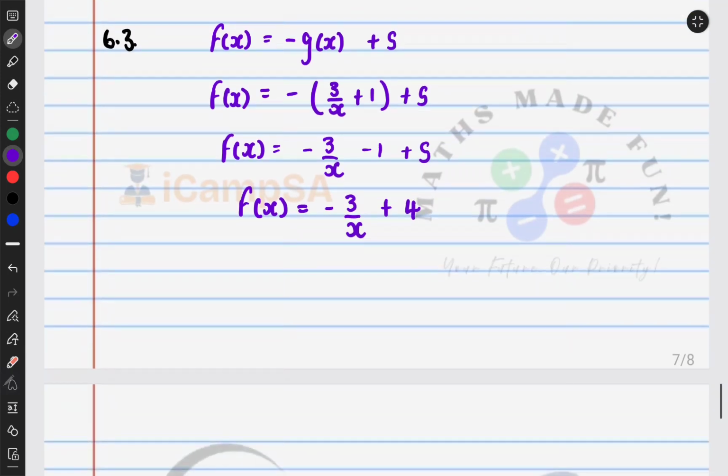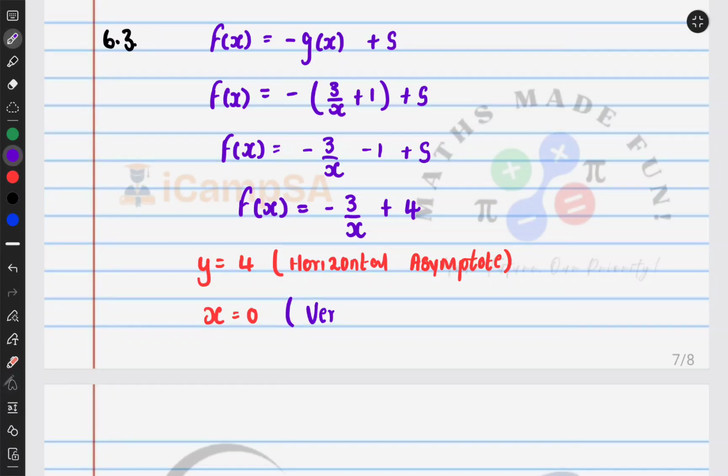And then for this function, the equations of the asymptotes are going to be y is equal to 4, which is our horizontal asymptote, and then x is equal to 0, which is our vertical asymptote.